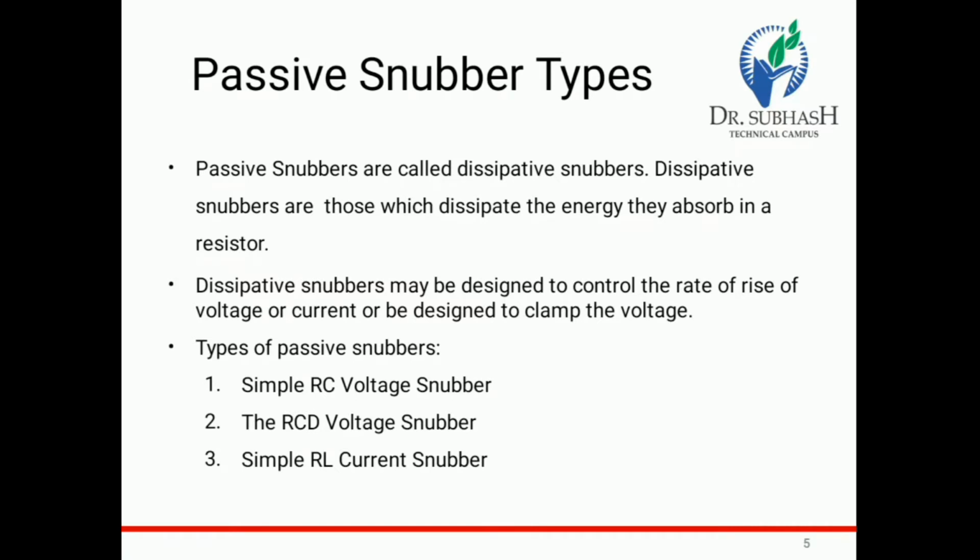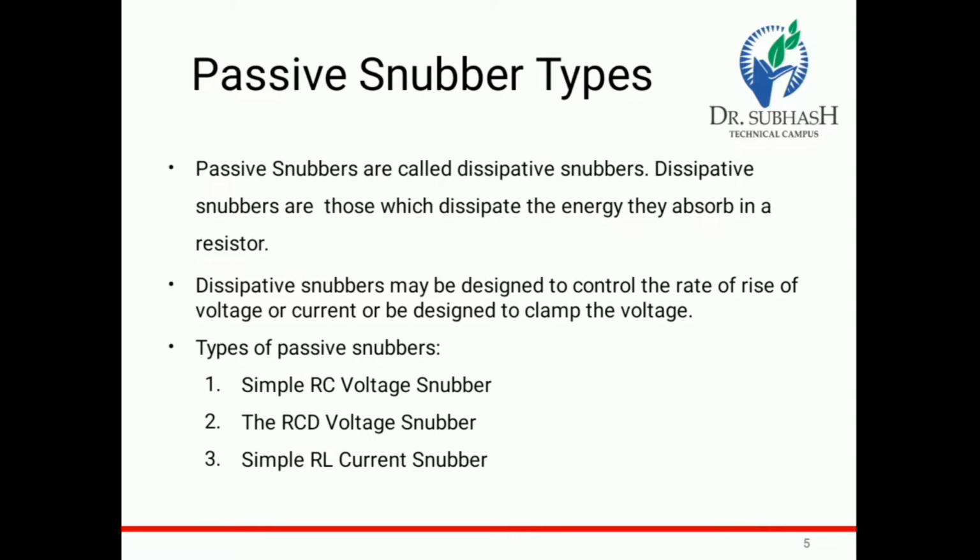Basically, passive snubber circuits may be classified in three ways. First is the simple RC voltage snubber circuit, for which we utilize two components: a resistor and a capacitor. The second classification is the RCD voltage snubber circuit, in which we use three components: resistor, capacitor and diode.